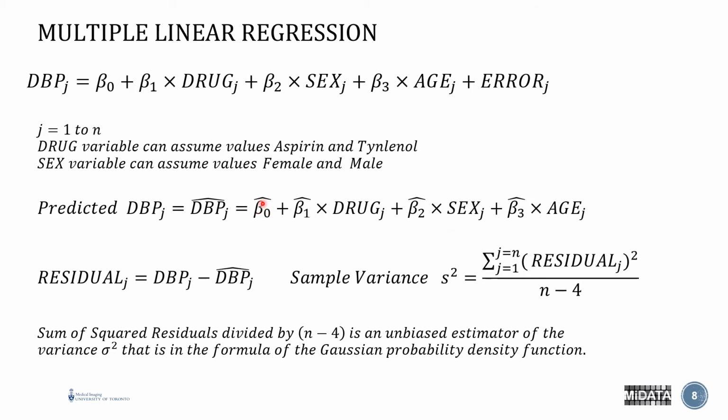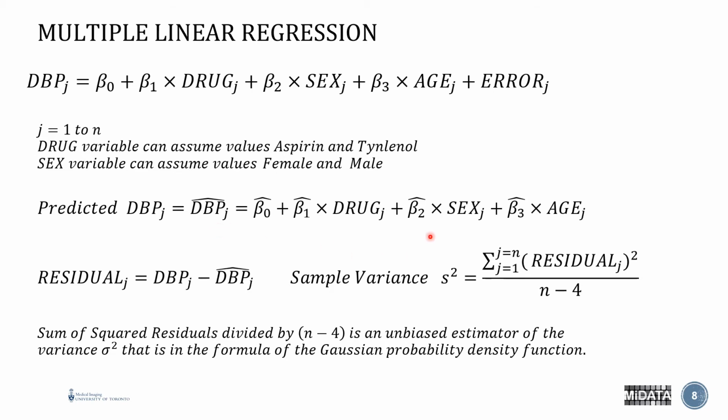So these are the estimates, beta 1, beta 2, beta 3, of your predictors, which are drug, sex, and age. And therefore, in this case, the error term is not needed because this is the predicted value, not the observed value. This is just a little subtlety of how you write your models. But it also helps you remember the difference between an observed value and a predicted value.